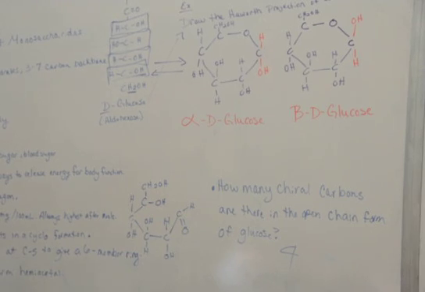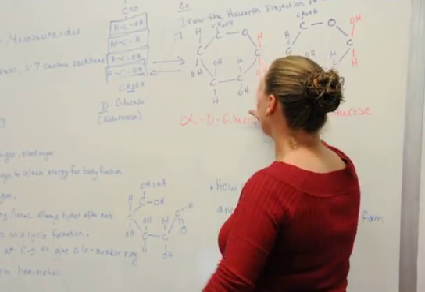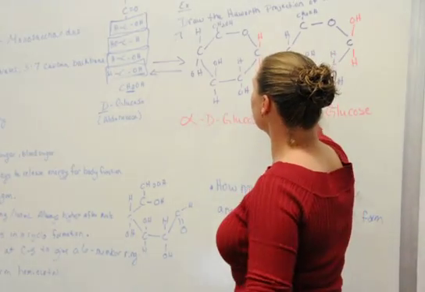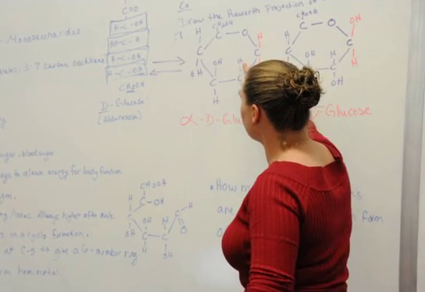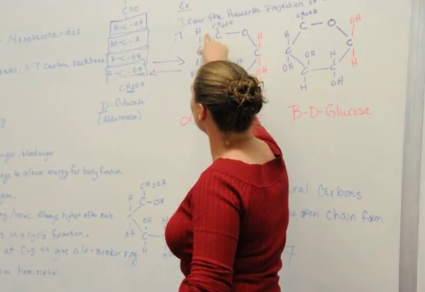Okay, so let me see if I can try to remember how to write that. Well, here's a tricky one. I told you wrong. How many chiral carbons are there in this one? Well, let's consider this one. That's got two different ones. Let's consider this one. That's got two different. All right, how about this one? There's two different. This one, there's two different.